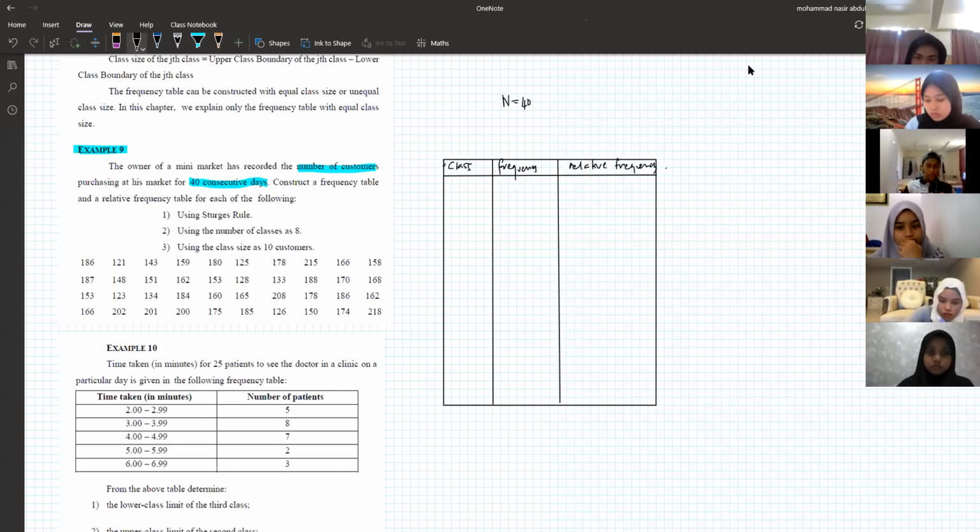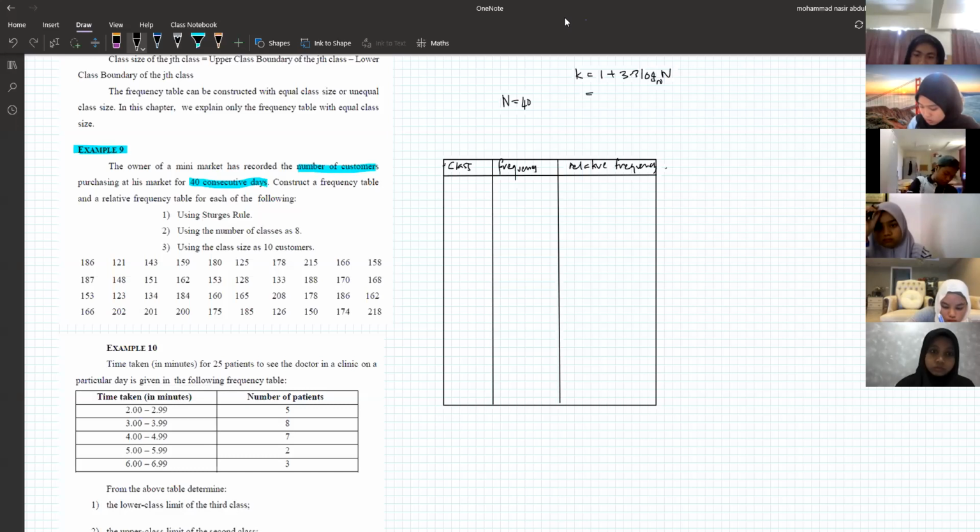So we need to find the k value. k is equal to 1 plus 3.3 multiplied with log 40 base 10.